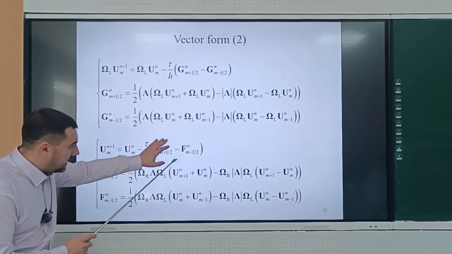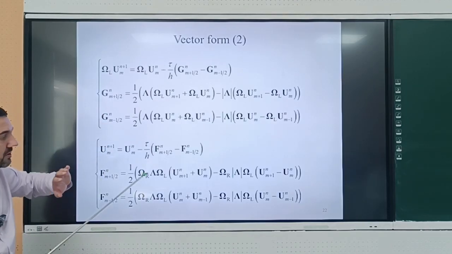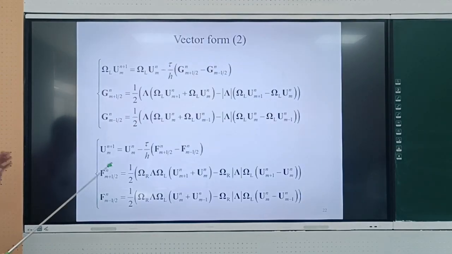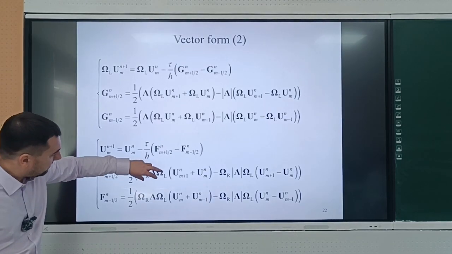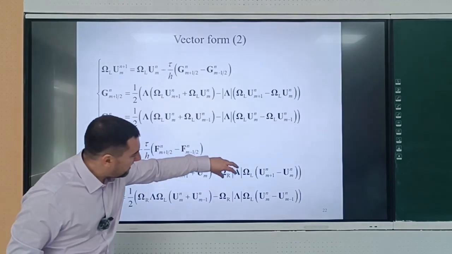But now we obtain the numerical flux that follows from the Courant-Isaacson-Rees numerical scheme. So this is the generalization of our Courant-Isaacson-Rees numerical scheme to the system of hyperbolic linear equations.